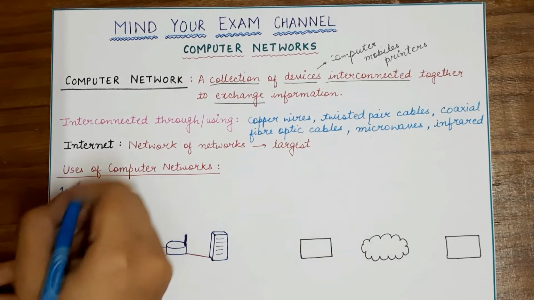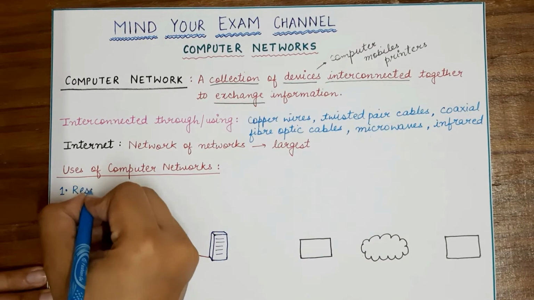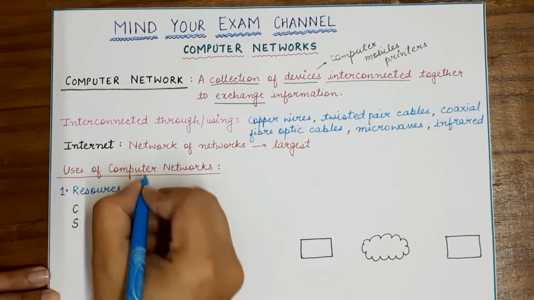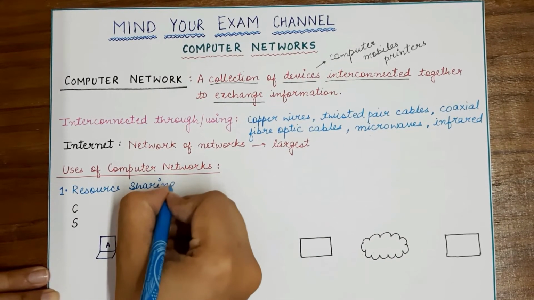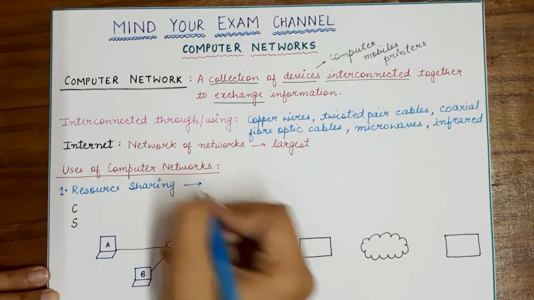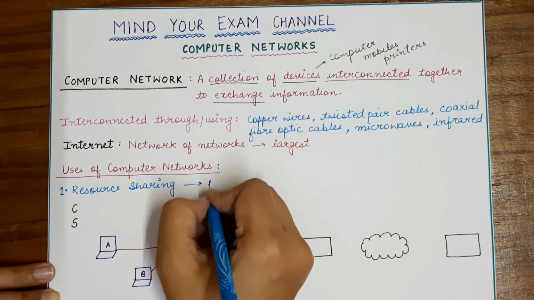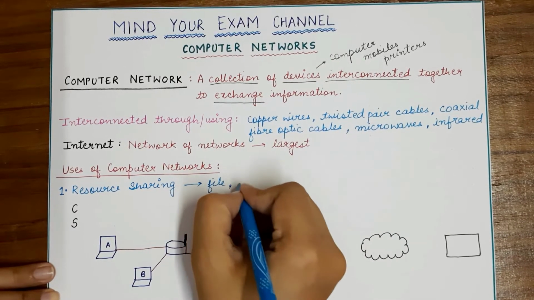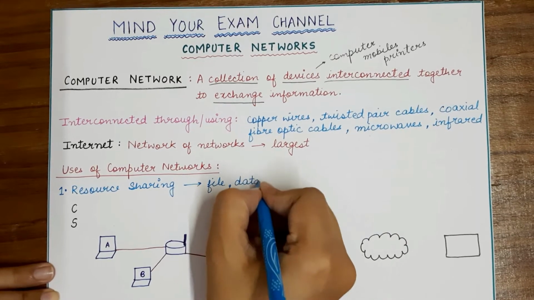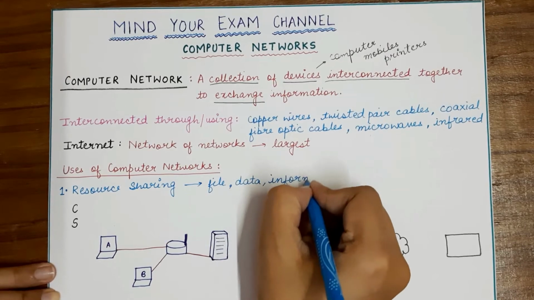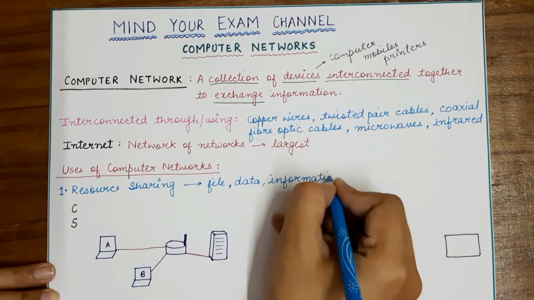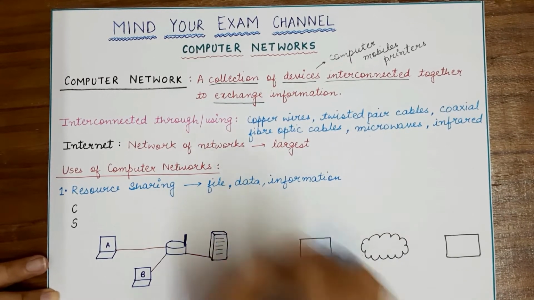To start with, the first and most important use is resource sharing. What do I mean by resource? A resource can be a file, any form of data, any form of information, or anything that you want to exchange from one digital device to another.